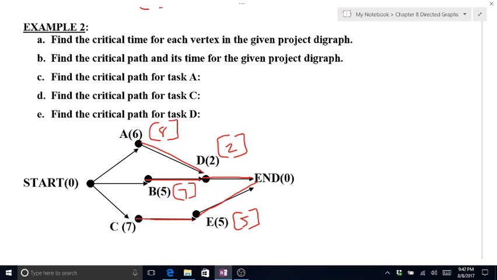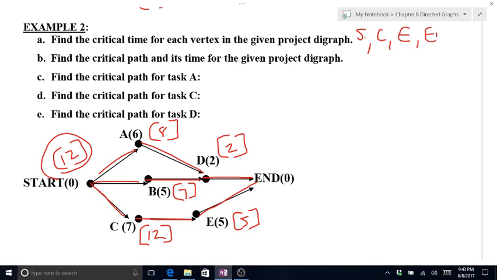E goes backwards into C, that gives C a critical time of 12. All three of these go back to the start. Your biggest number is a 12. So your critical path then is my path with a length of 12. So that's from start to C to E to the end.